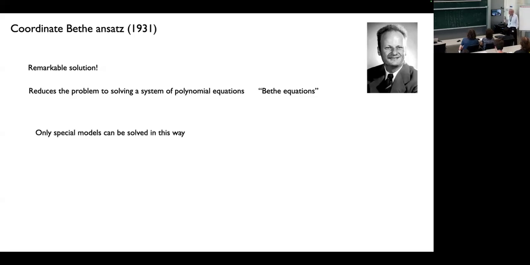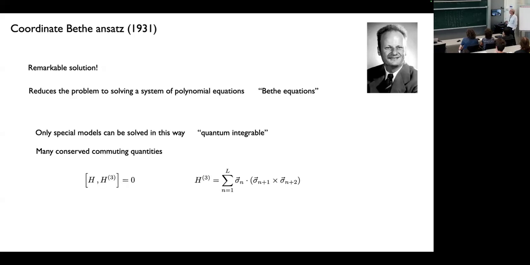Now, you can't do this for any model, not even in one dimension. Only special models can be solved in this way, and those are known as quantum integrable. The basic idea is that we have many conserved commuting quantities. For example, a quantity I'll call H3, which involves next-nearest-neighbor interaction: the cross product of these two, dotted into sigma n.